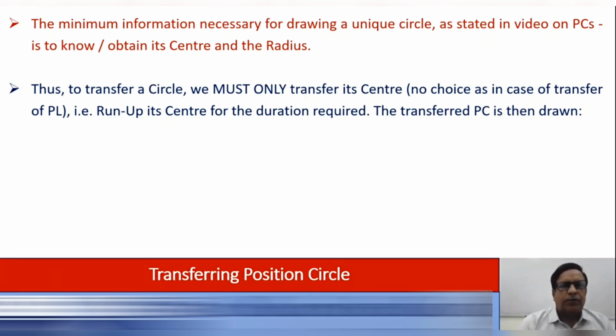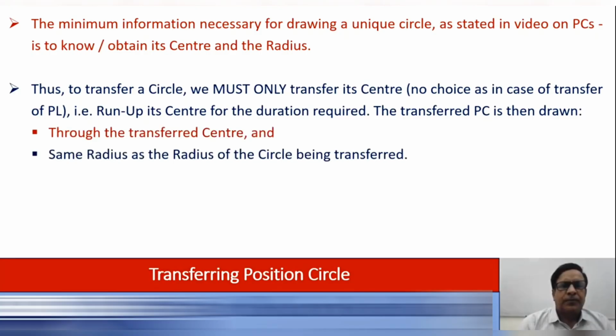I repeat, we have to transfer its center and only center. That is, run up its center for the duration required. The transferred PC is then drawn through the transferred center and same radius as the radius of the circle being transferred.